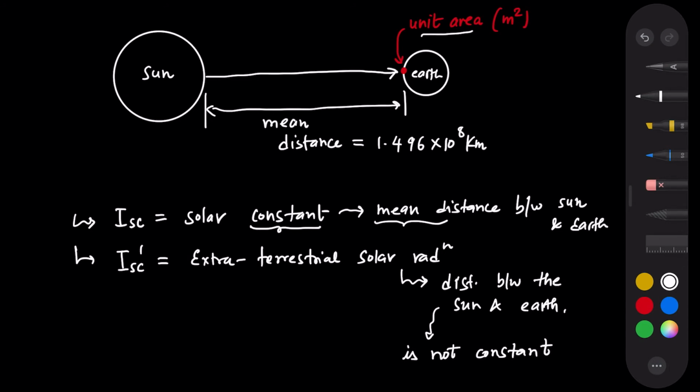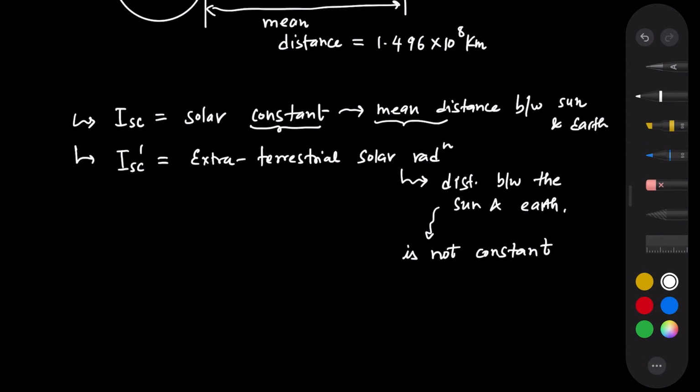As we have already discussed, the earth moves around the sun in an elliptical orbit, and the distance changes depending on the day on the earth. So that's why this ISC dash value is not constant; its value changes.